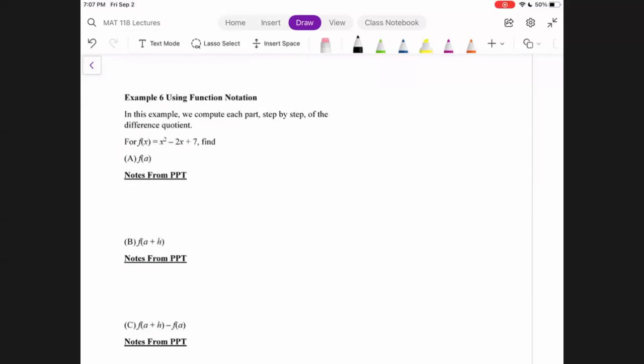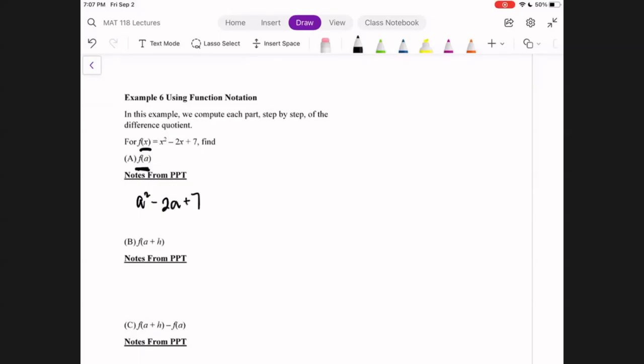So one thing you want to note is that for the first part, I just want f of a. That means instead of x, I'm going to write a for all the x's. So that would just be a squared minus 2a plus 7.